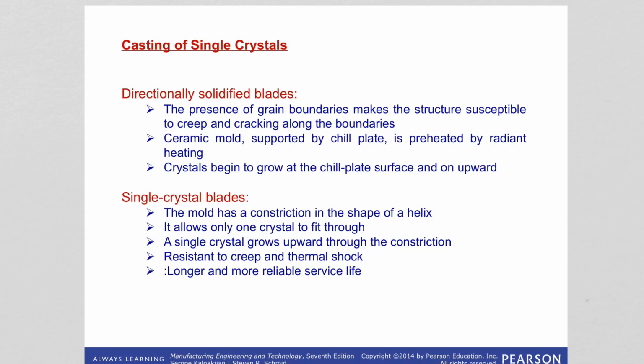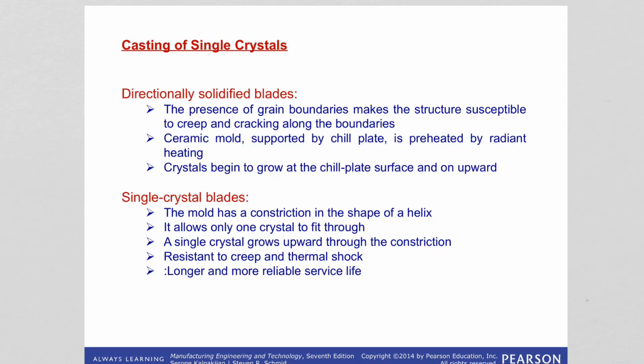In this technique, the ceramic mold is supported by a water-cooled chill plate. The ceramic mold is preheated, and then after the metal is poured into the mold, the chill plate assembly is lowered slowly.